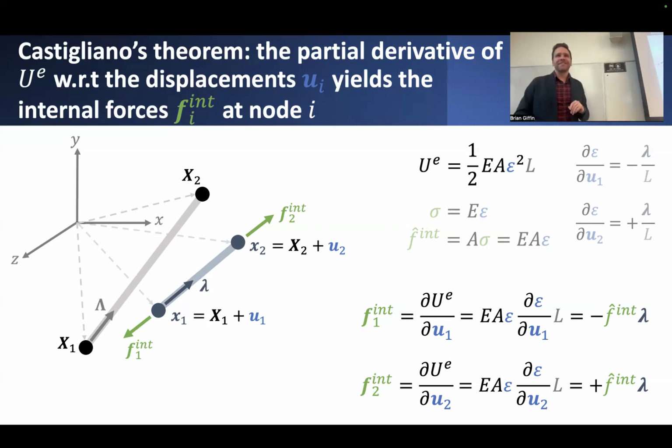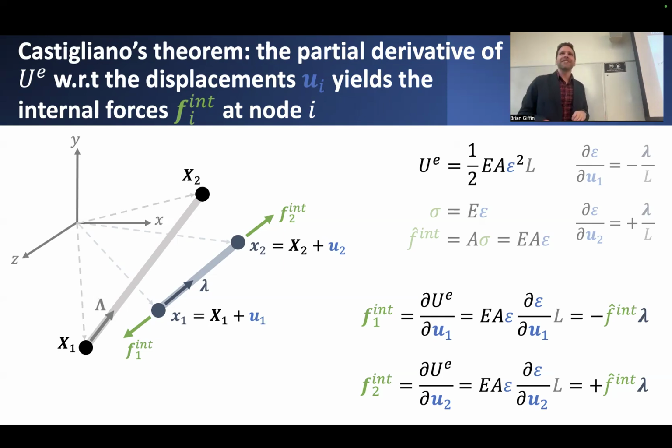That manifests in these two equations shown below, where you can compute, if I'm defining this force applied at node 1 as the derivative of this internal strain energy with respect to the displacements at U1, and correspondingly, the force at node 2 is the derivative of this internal energy with respect to the displacements at node 2, I get two different expressions that involve E, A, L, the things that are constant, times the leftover epsilon.